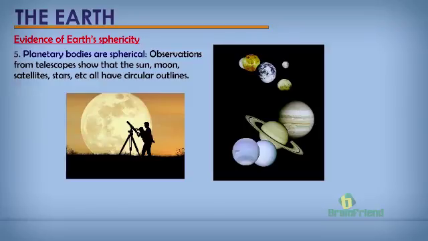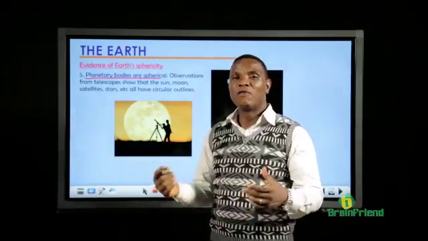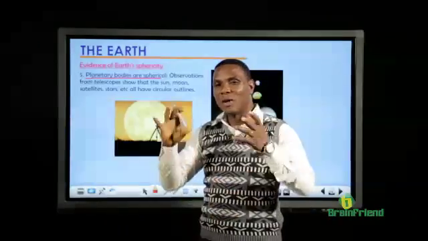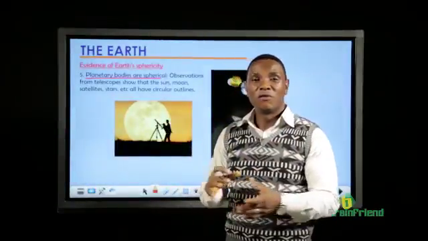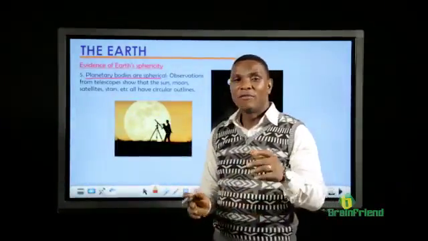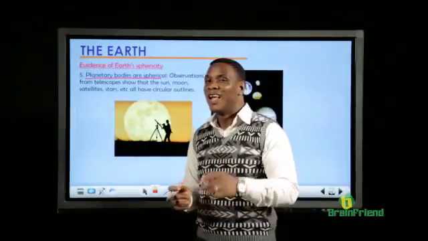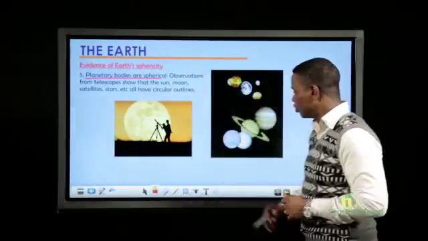Another good evidence of the earth's sphericity is the observation of planetary bodies making use of our telescopes. Now we have telescopes that are powerful enough to see the outline or the shapes of planetary bodies from our planet Earth here. Every planetary body so far studied has been found to be round in shape.